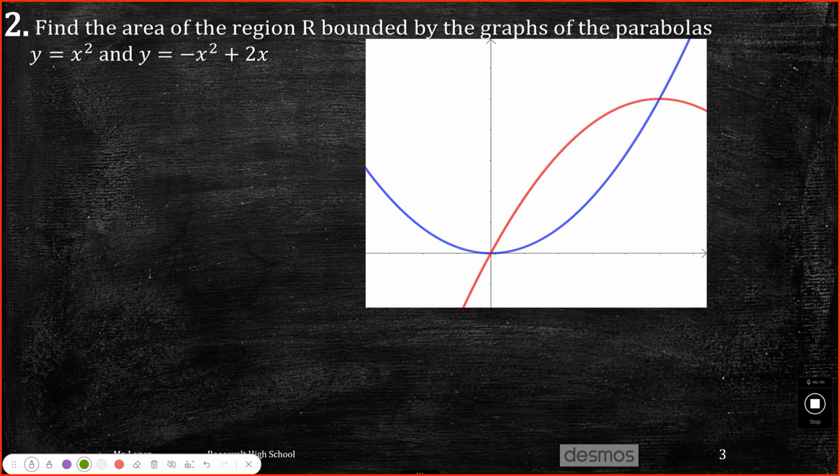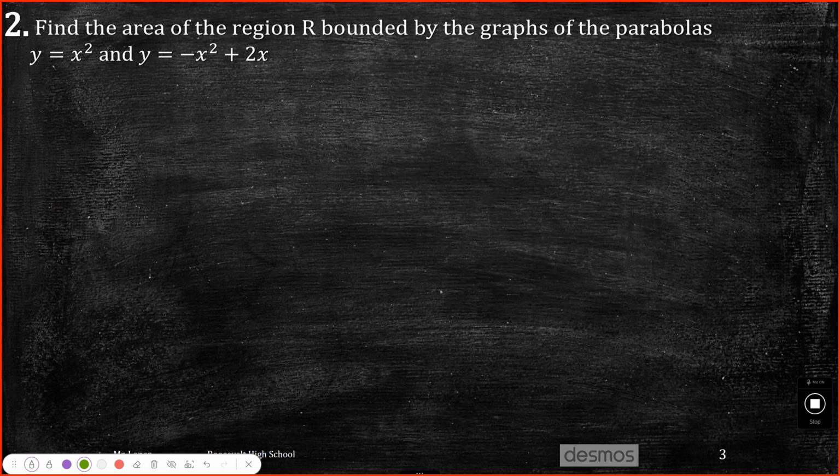Problem number 2 is find the area of the region R bounded by the graphs of the parabolas there. Basically say they didn't give you a graph. How would you know which one is the top one and which one is the bottom one?